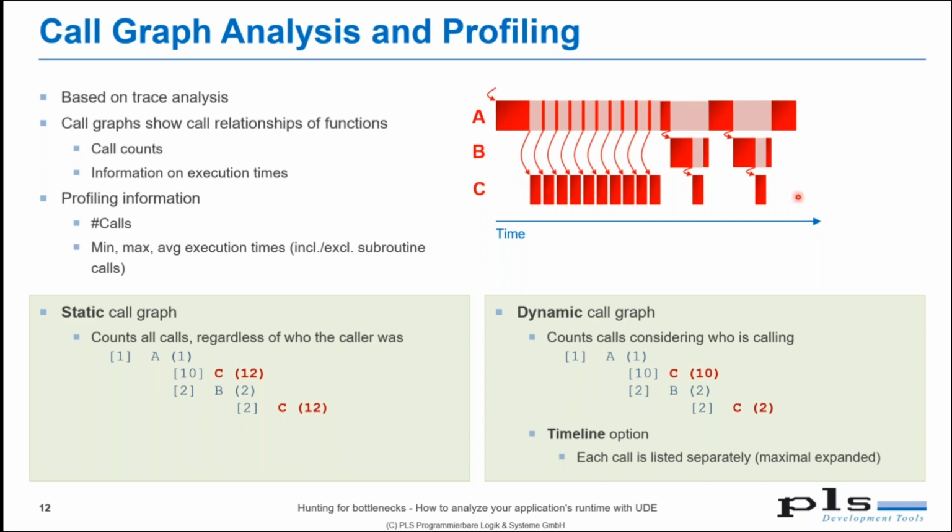Overall, C is called 12 times. In the static call graph, we see always C is called 12 times, and in the dynamic call graph, we differentiate between C is called from A or C is called from B, and we see the number of calls of 10 for function C was called by A directly, and a number of 2, which is the case if B is calling C. In addition to that, in the dynamic call graph, we can also switch in UDE in timeline mode.